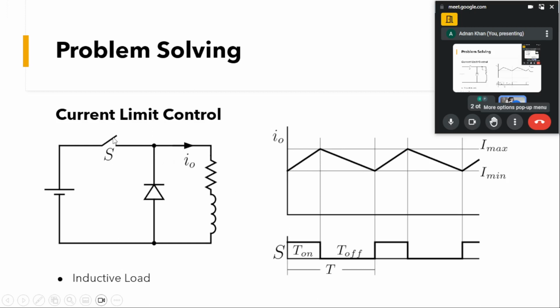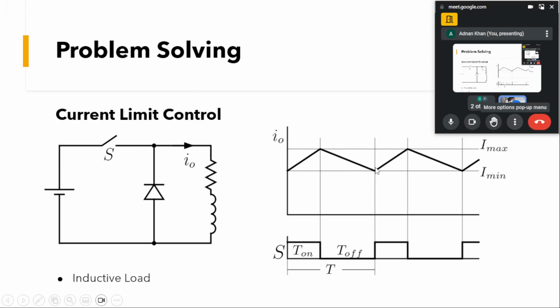When the switch is turned off, the current through the inductor cannot be broken instantaneously, so it will flow through this diode. The current will decrease, and after a certain period of time it will reach the lower band, and when it touches the lower band, we tell the switch to turn on.